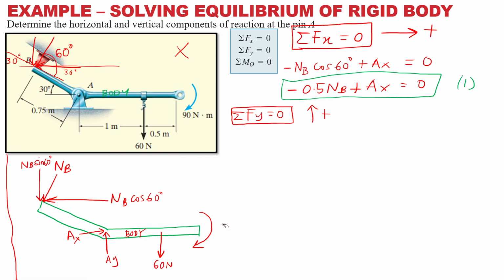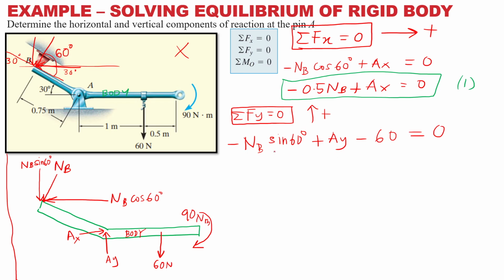The 90 Newton meter is here. So look at the y direction. Negative NB sine 60 degrees going down, plus AY going up, minus 60. Is there anything else? AY, 60, three things, make sure nothing else.